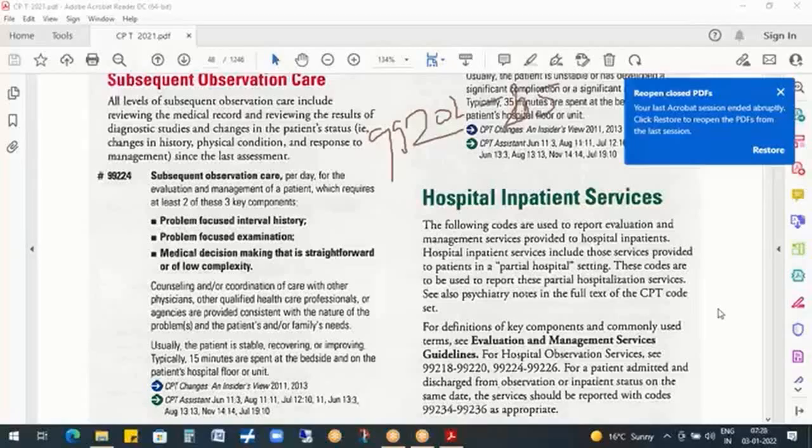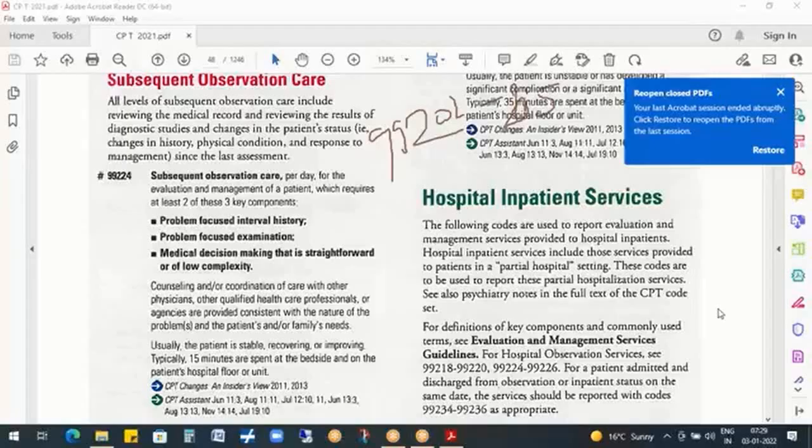In that, A, new patient: 99381 to 99387.